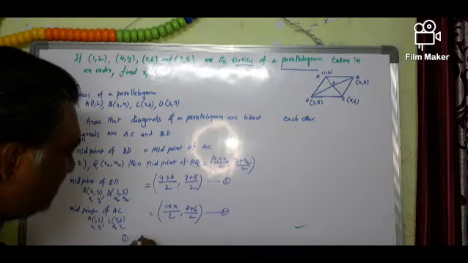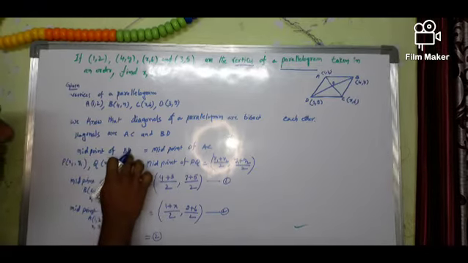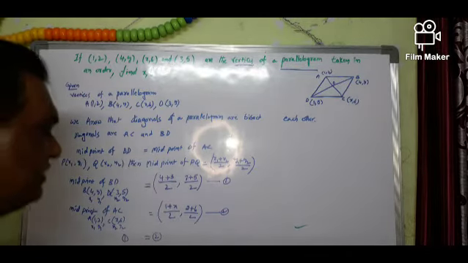Equation number 1 is equal to equation number 2. Why? Midpoint of BD is equal to midpoint of AC.